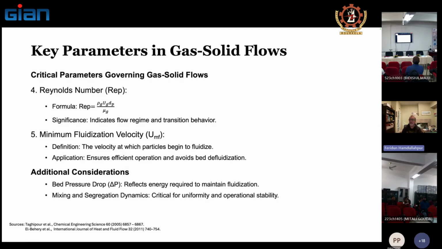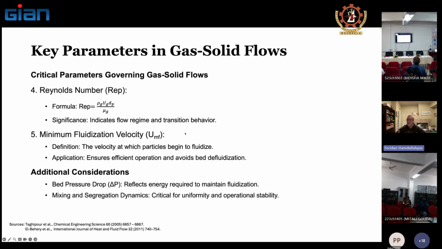So we need to find the minimum fluidization velocity. There is no given formula. They're all predictions or correlations, but nevertheless, for a given geometry, given application, given vessel size, given particle size and characteristics, we need to figure out what the minimum fluidization velocity will be.